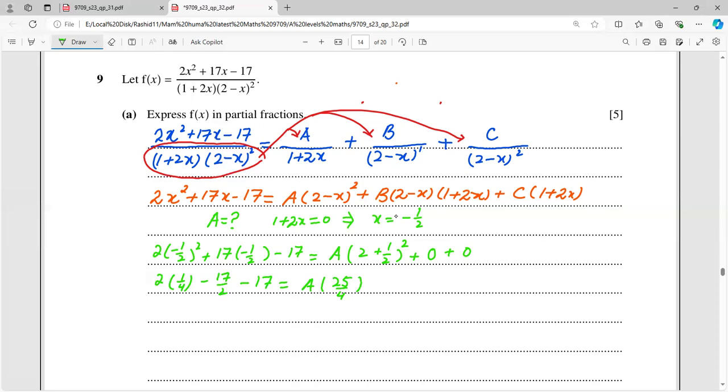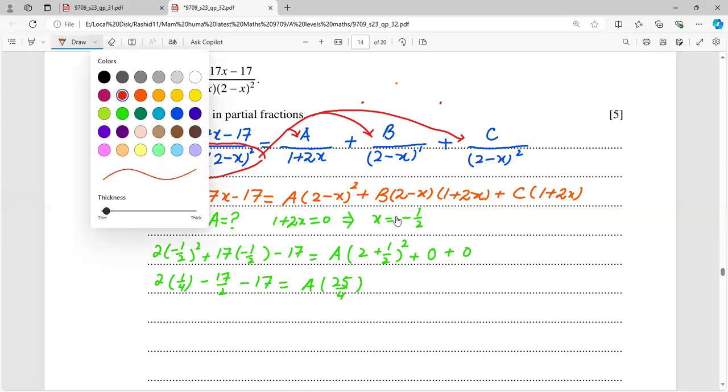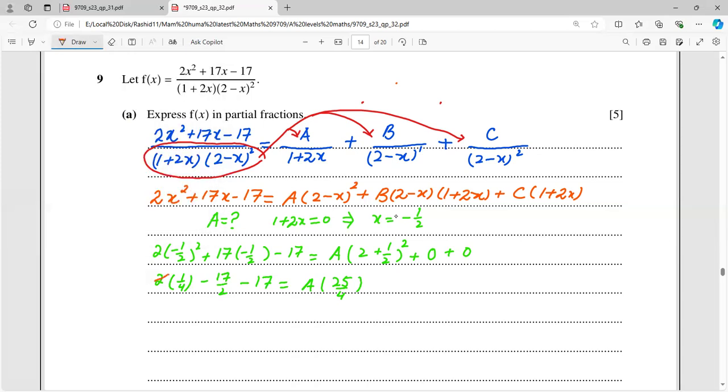Now some terms will be cancelled out just like this one. These two ones are 2 and 2 twos are 4. So I will get 1 by 2 over here, minus 17 by 2 over here, and minus 17. So the answer of A, if I am not wrong, will be just like this one.